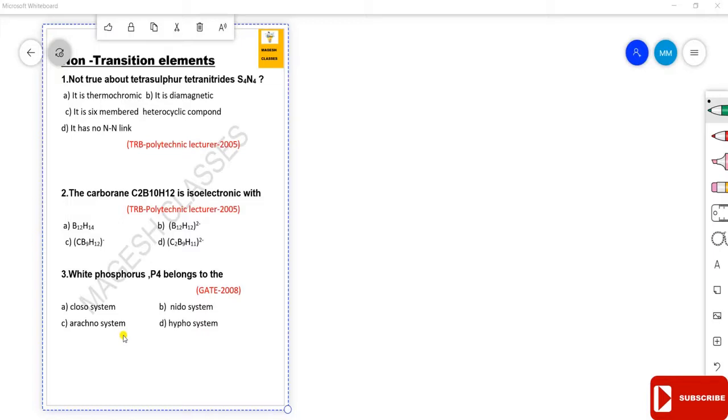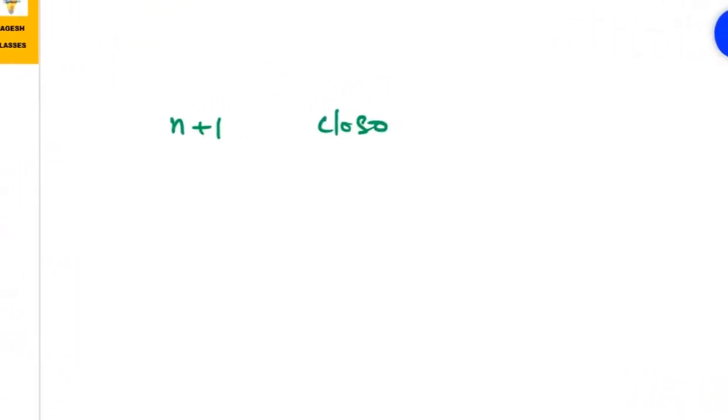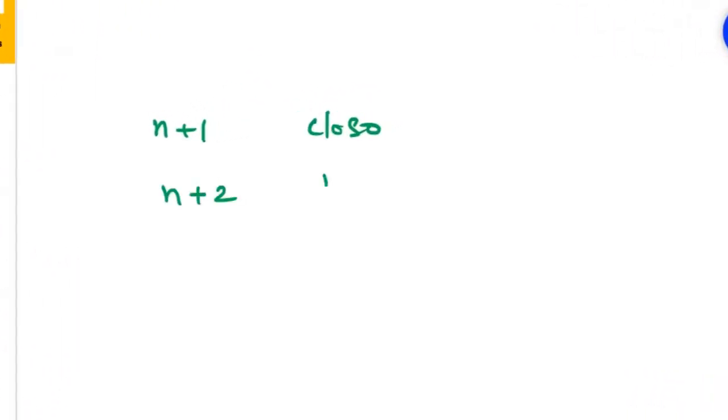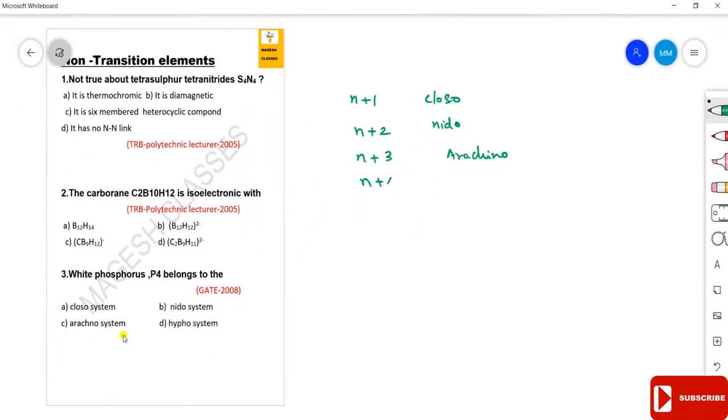According to Wade and Mingos rules, the number of electron pairs and the systems are classified as: n plus 1, it is closo; n plus 2, it is nido; n plus 3, it is arachno; and n plus 4, it is hypho. What is n? n is the number of vertices.